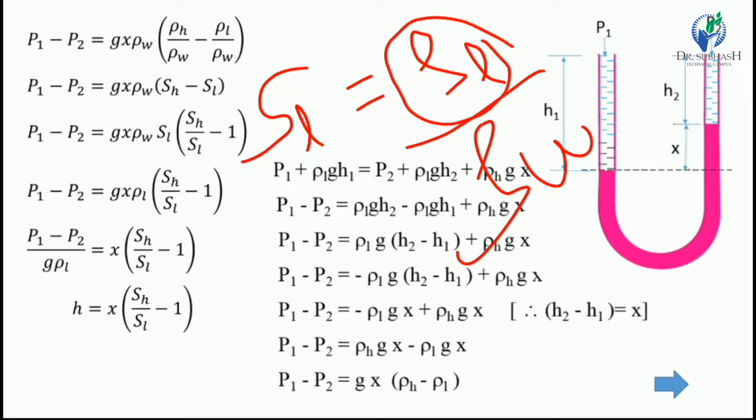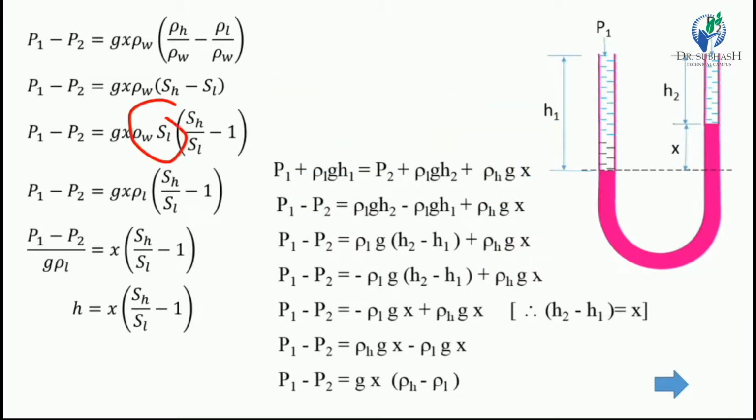So the density of the liquid is equal to the specific gravity of the light liquid into the density of water. So here we can write the density of the light liquid. Now rho into g is moved to the left side, so we write it this way. And here what remains is x times the bracket SH upon SL minus 1.